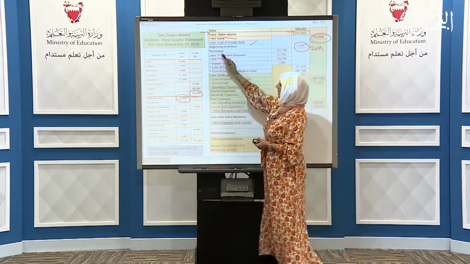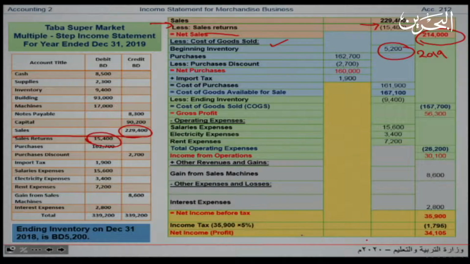Then I will take the purchases, which are 162,700. I will subtract from it the purchase discount of 2,700 and I will get the net purchases of 160,000.